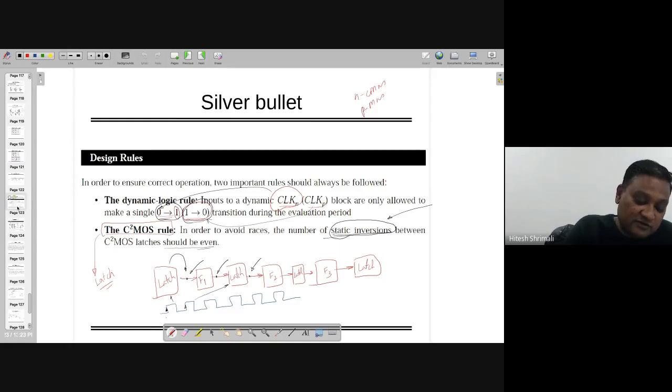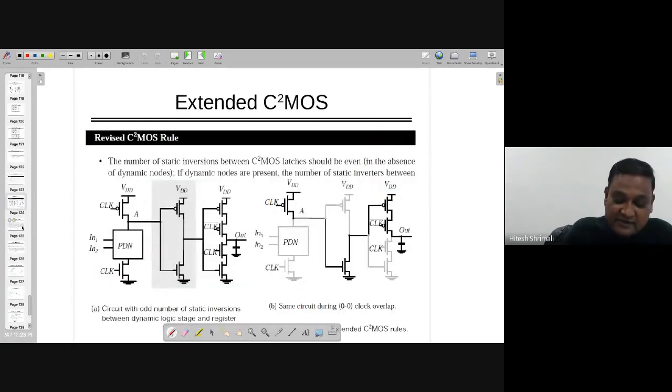So that is what is written here, and it says that the revised C-square MOS rule for the no racearound condition says that if there is only one transition, you make sure that if it is going from 0 to 1 as required, then you require one inverter.